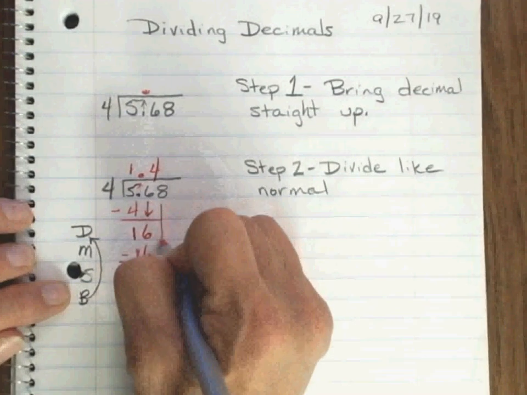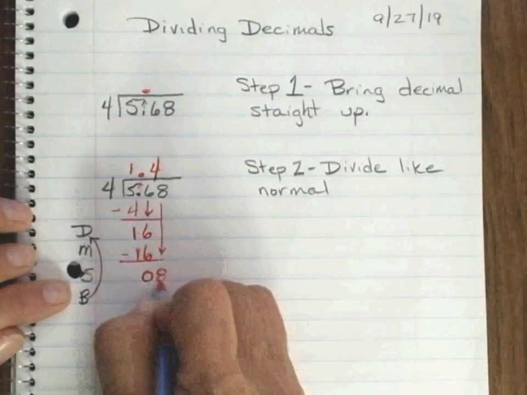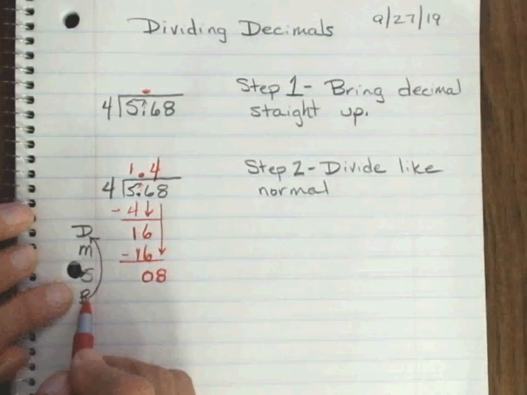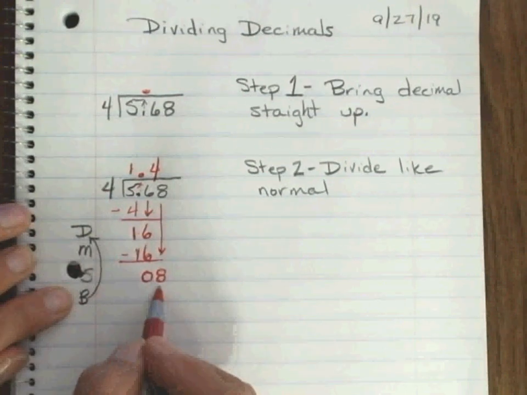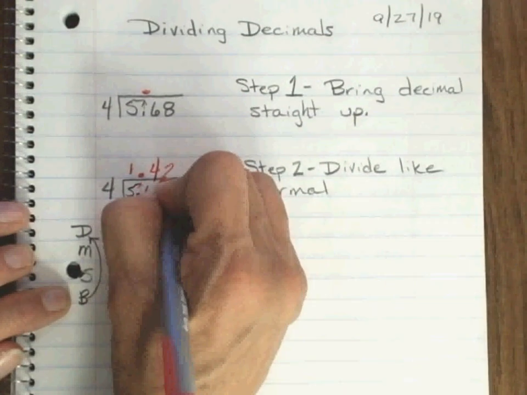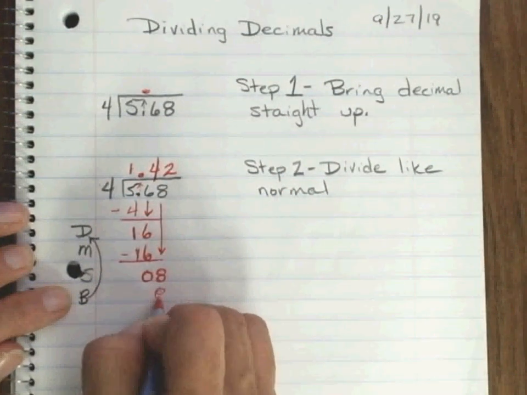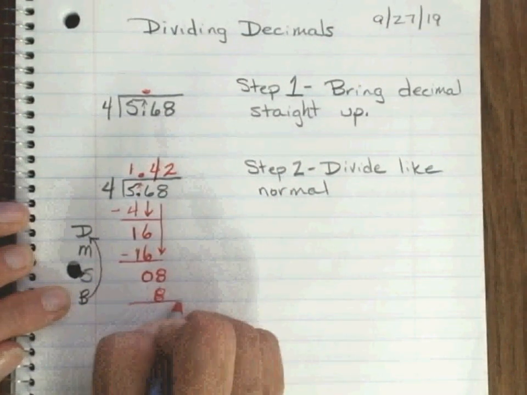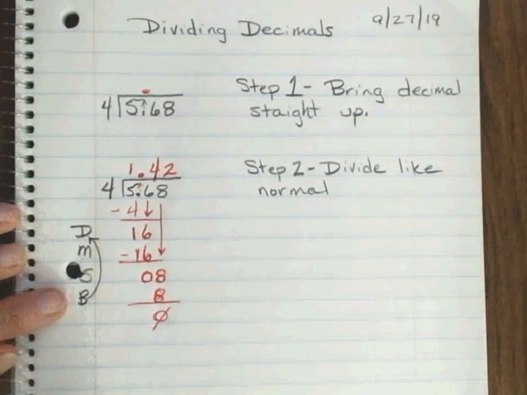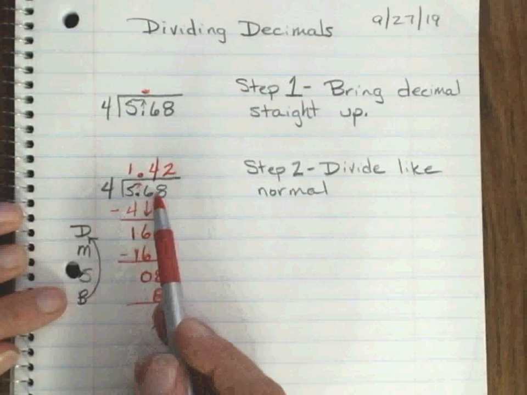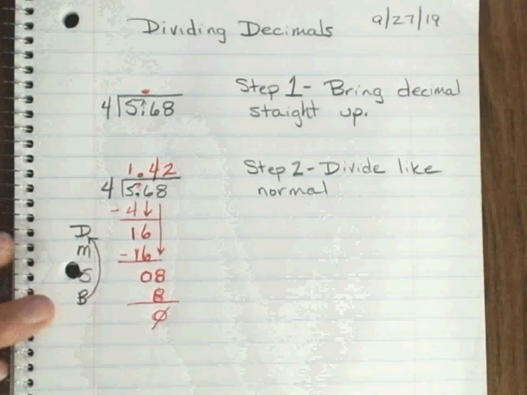I'm going to bring down the 8. Remember, if I bring down, that means I have to divide again. How many groups of 4 will fit into 8? It's 2. 2 times 4 is 8. And so there we go. 5 and 68/100ths divided by 4 is 1 and 42/100ths.